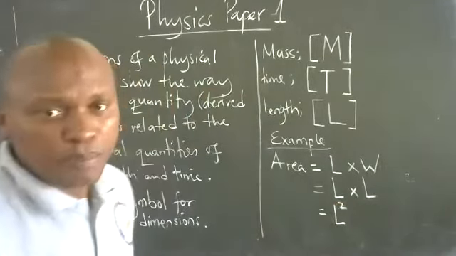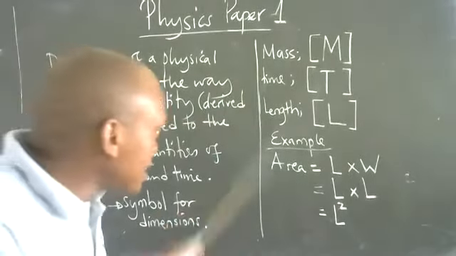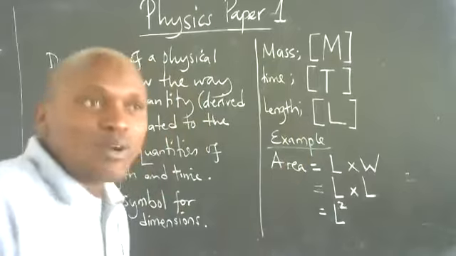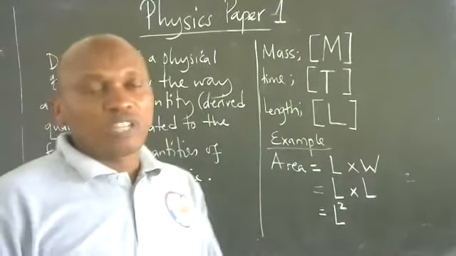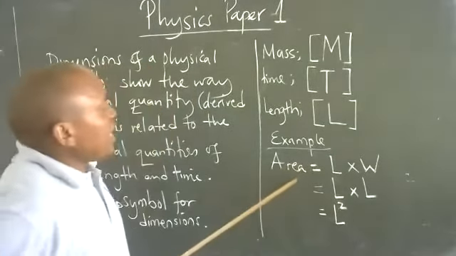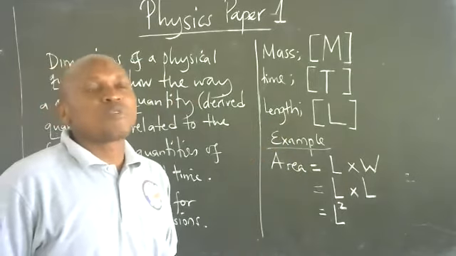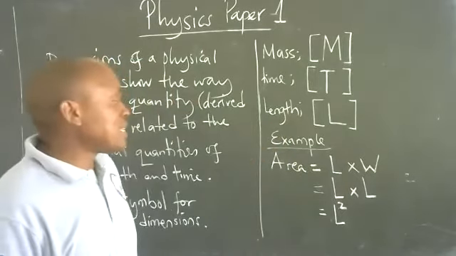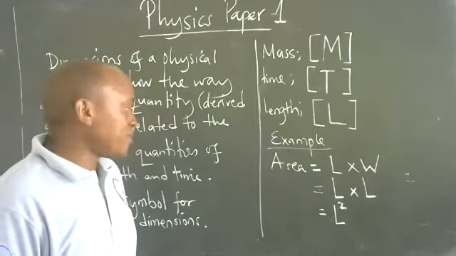Am I clear to people here? We are going to rewrite all those derived quantities in terms of these three. Some of the quantities will take up all the three, some will take up only two of the three, others will take up one. Like area. Area has taken up only length. Area is expressed in length alone, but it is length squared.